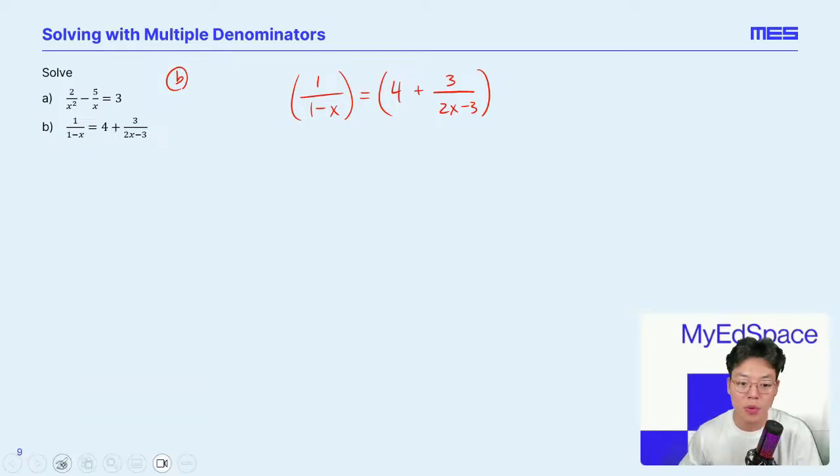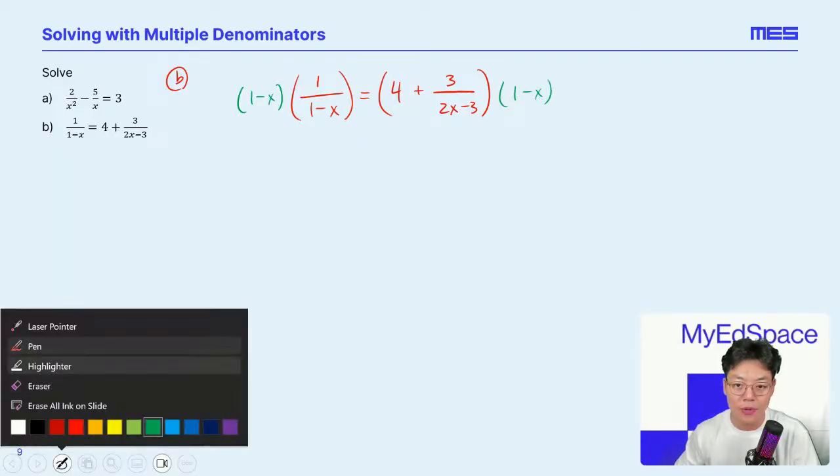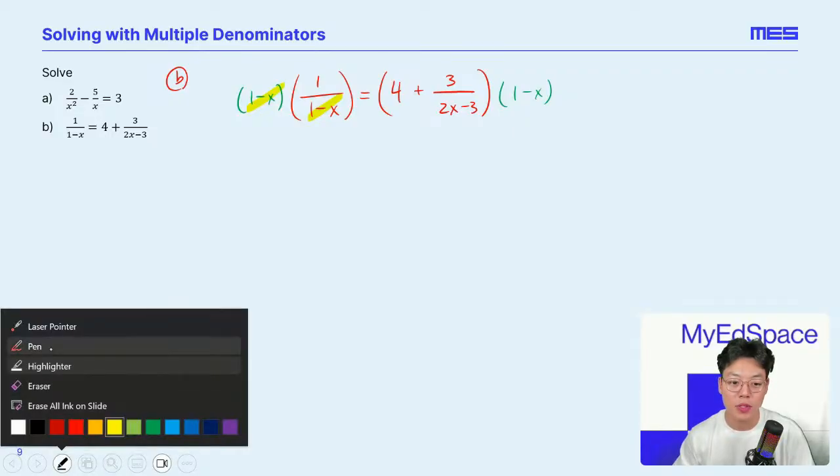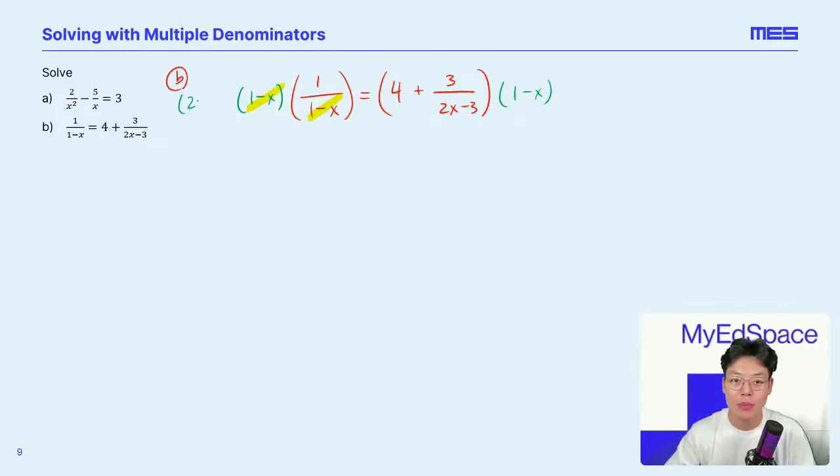We can multiply both sides by, let's do the same thing we did with the numbers, 1 minus x on both sides. And that will cancel out these. And then the 2x minus 3. Great idea, Tropius. We can multiply both sides by 2x minus 3 as well.